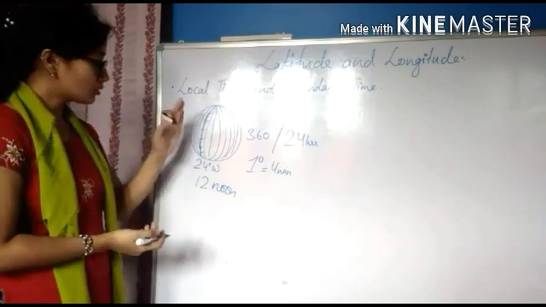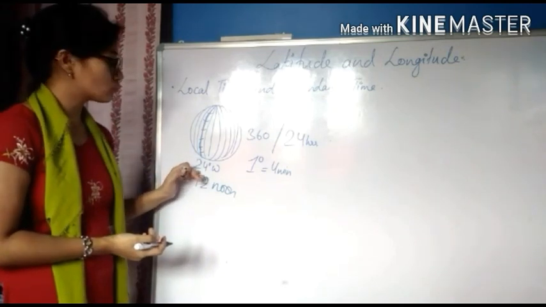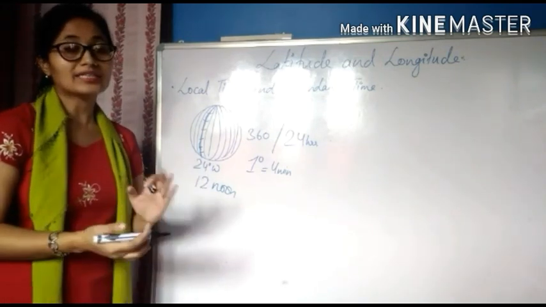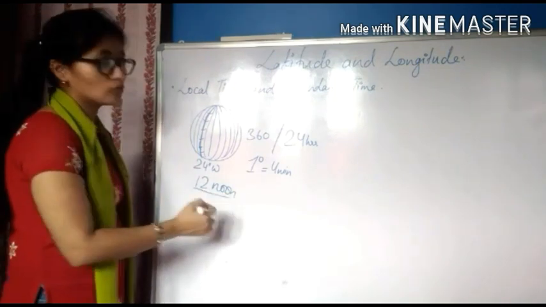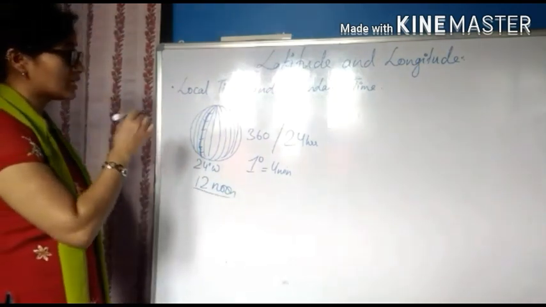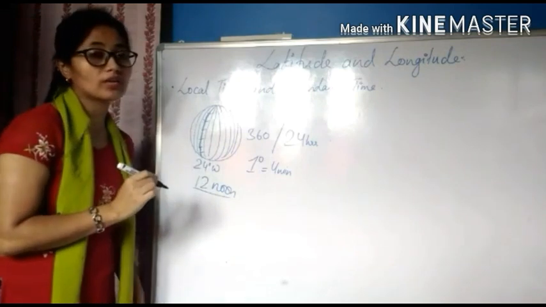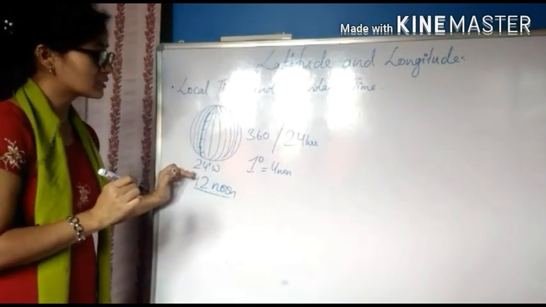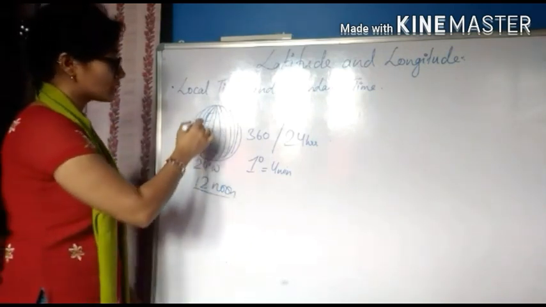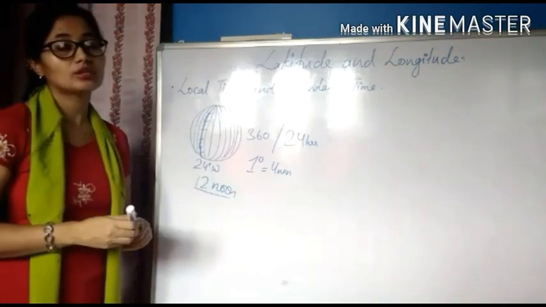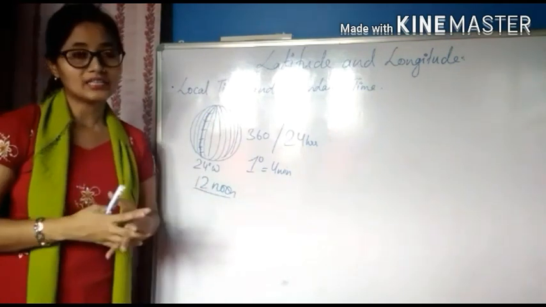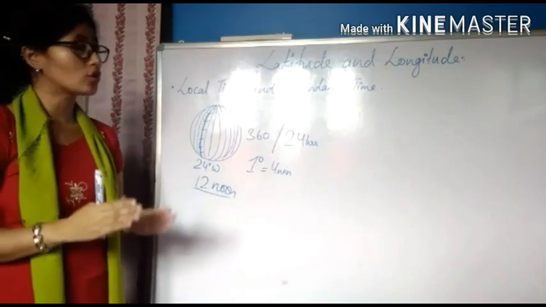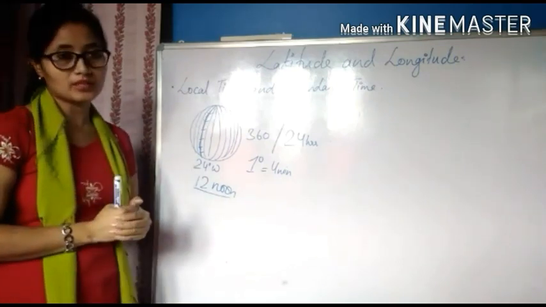That means all the places that lie on longitude 24 degree west, the time there is 12 noon. Why 12 noon? Because the sun is directly overhead on this meridian. All the places of this meridian will have 12 noon, and it is known as the local time of this meridian.